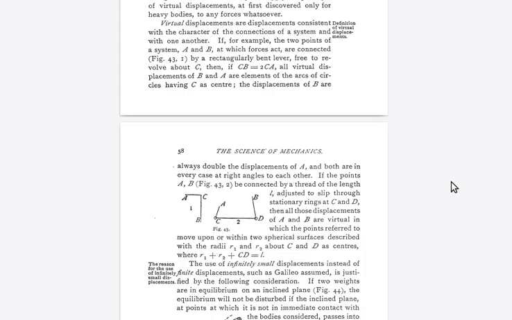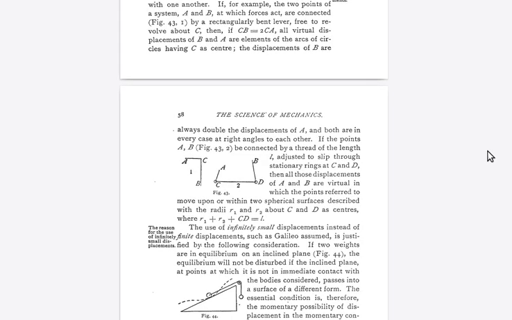The displacements of B are always double the displacements of A, and both are in every case at right angles to each other. If the points A and B are connected by a thread of the length L, adjusted to slip through stationary rings at C and D, then all those displacements of A and B are virtual, in which the points referred to move upon or within two spherical surfaces described with the radii R1 and R2, about C and D as centers, where R1 plus R2 plus CD equals L.